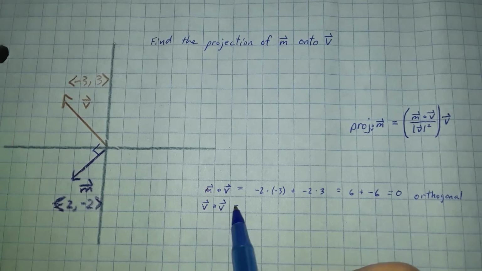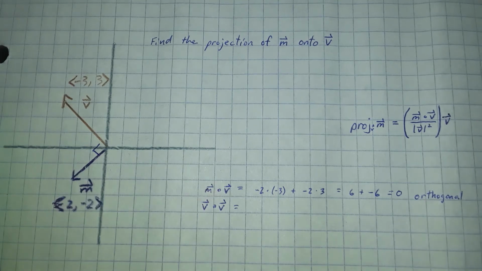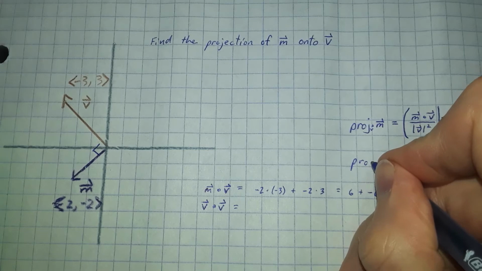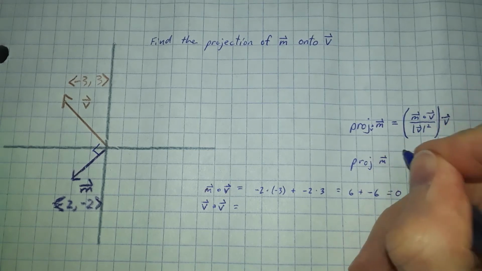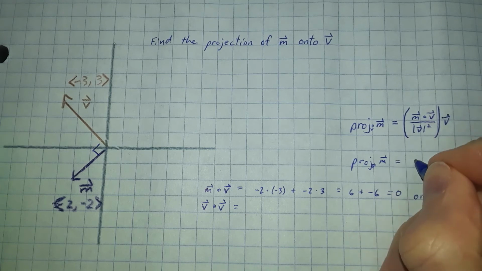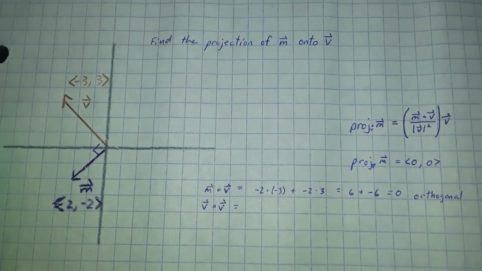So I really don't have to go through with this calculation at all now, since I've recognized that my two vectors are orthogonal. This really breaks this projection down so that the projection of vector m onto vector v is going to be the 0 vector.